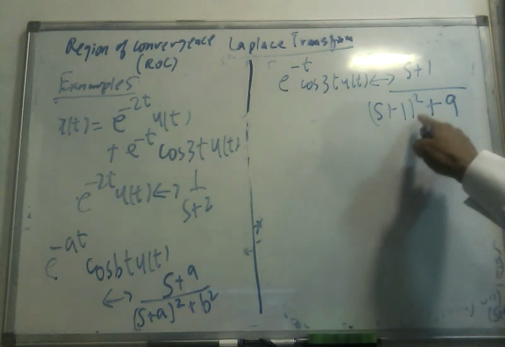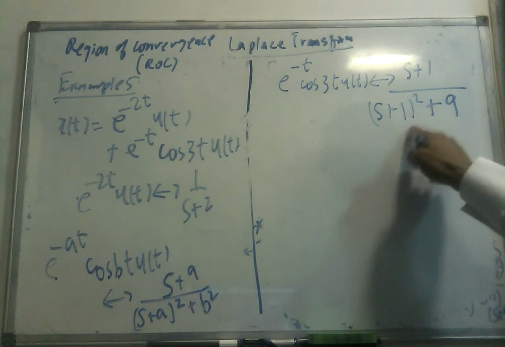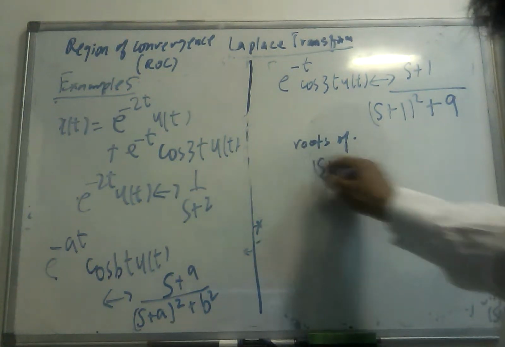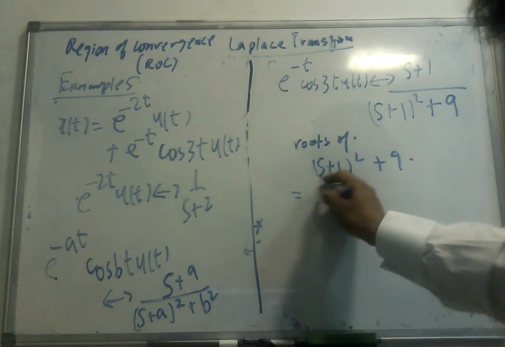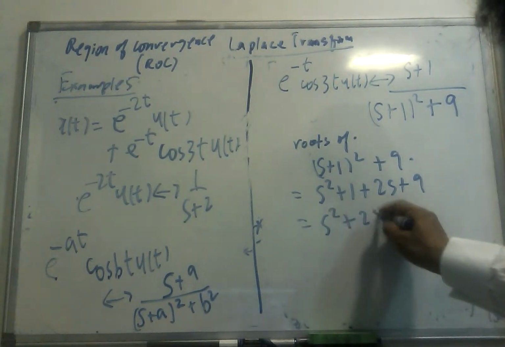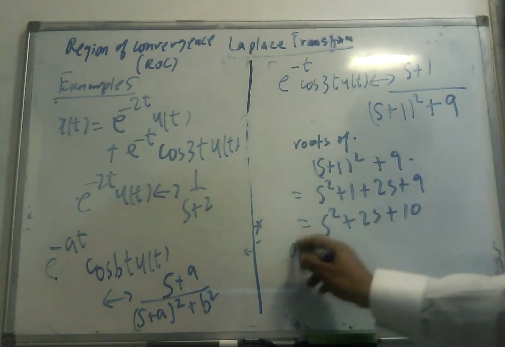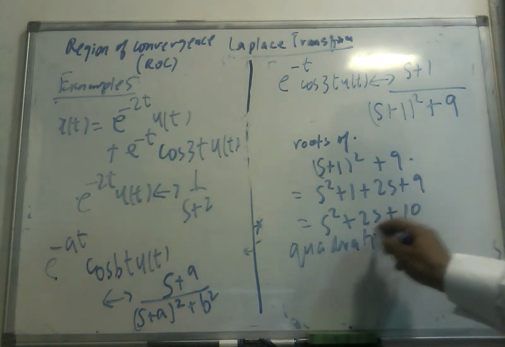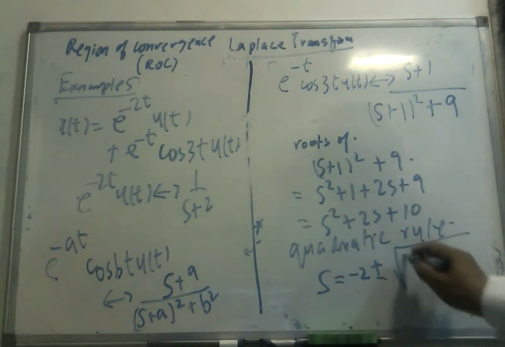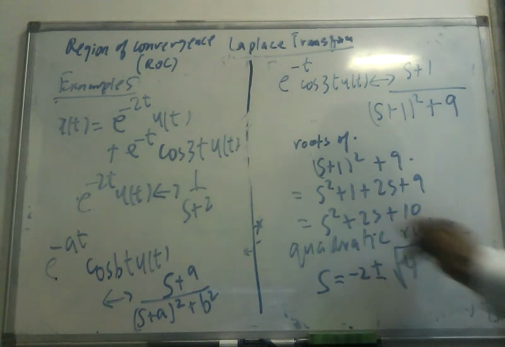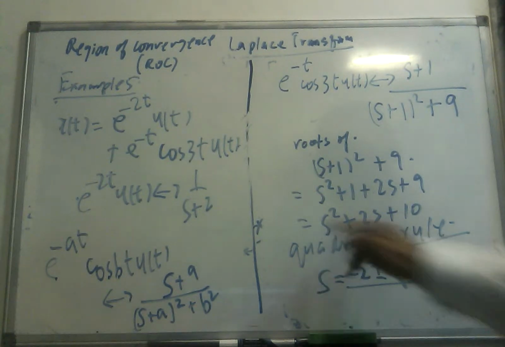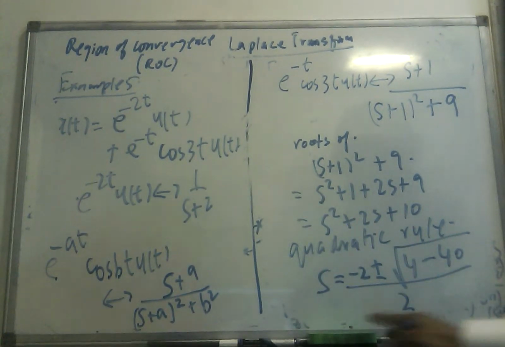To find the region of convergence, I need to find the roots. So I need to find the roots of s plus 1 square plus 9, which is equal to s square plus 1 plus 2s plus 9, which is s square plus 2s plus 10. Now I can use the quadratic formula to find the roots. So b square minus 4ac, 4 minus 40, divided by 2a, which is 2.